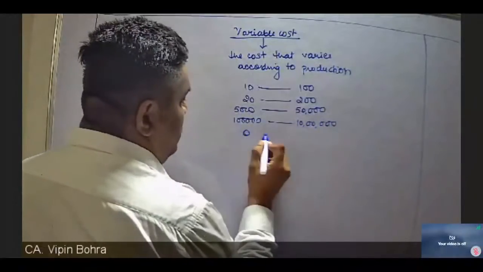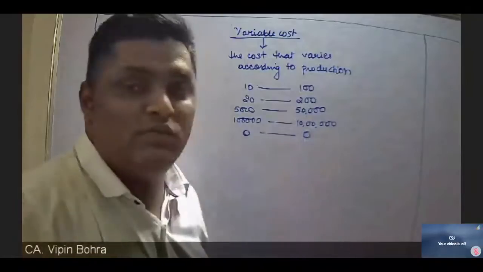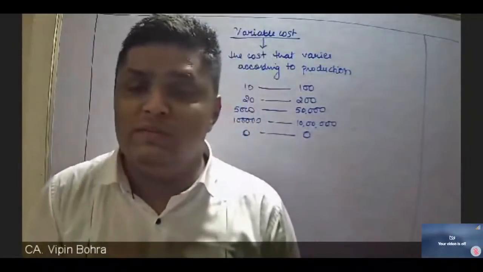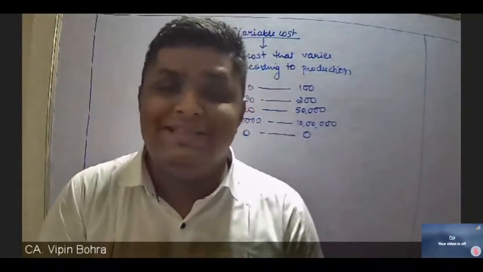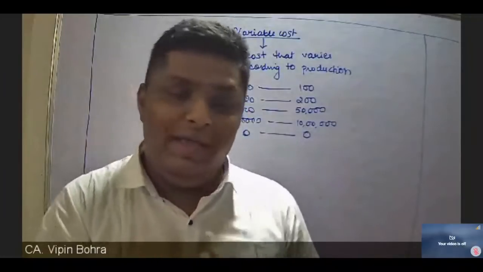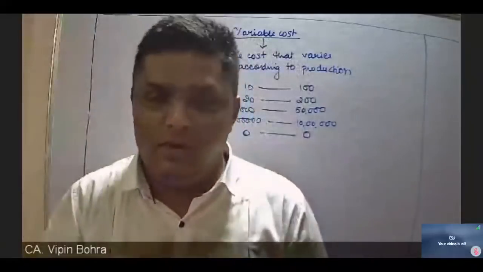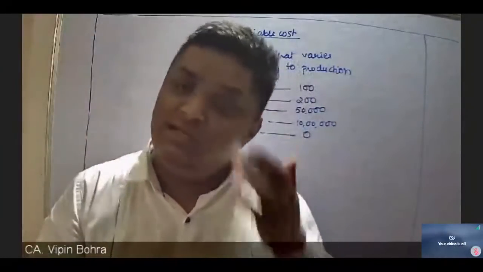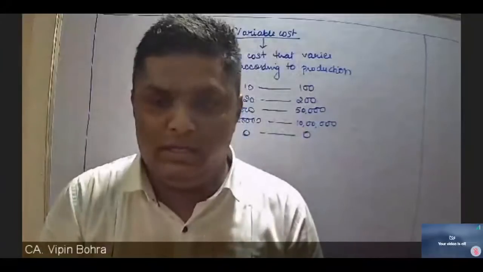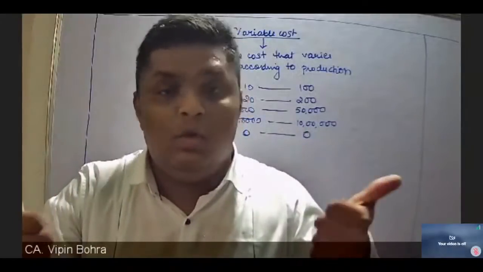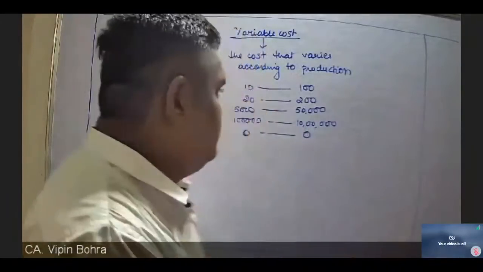And if I'm not producing any units, no cost will be incurred. So what is variable cost? The cost that varies according to production. As and when production increases, the cost will also increase. As and when production decreases, the cost will also decrease. And if there is no production, there is no variable cost.